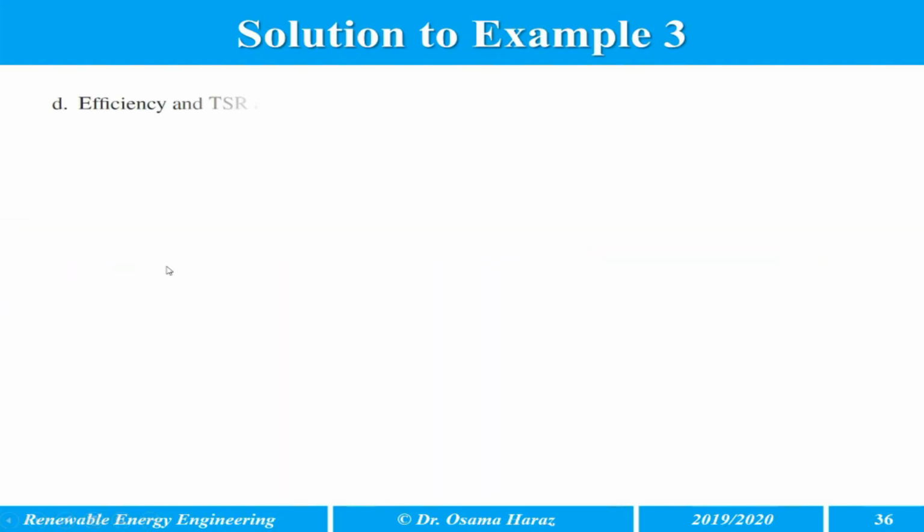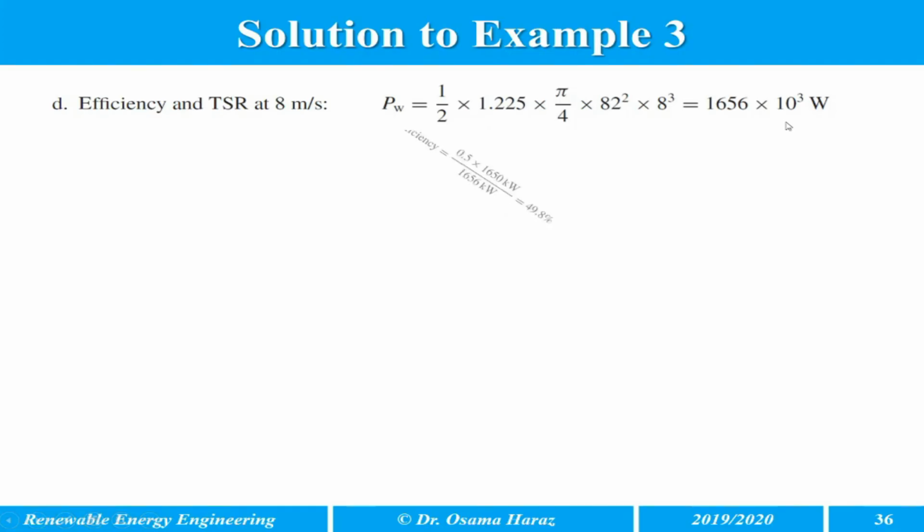For the next requirement, efficiency and TSR at 8 meters per second. First of all, we calculate the power of the wind, half rho A V cube. The new V cubed will give you the new power. Once you have the new power, you can calculate the new overall efficiency.